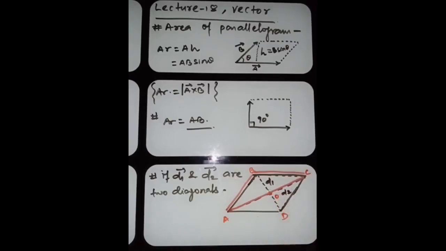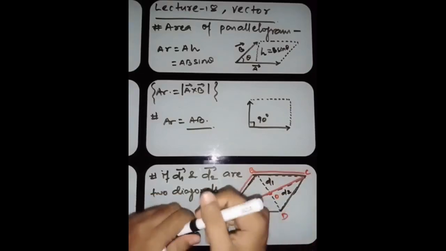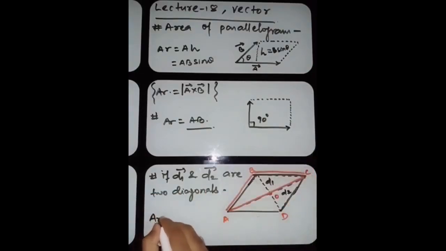So the total area will be 2 times the area of one triangle.